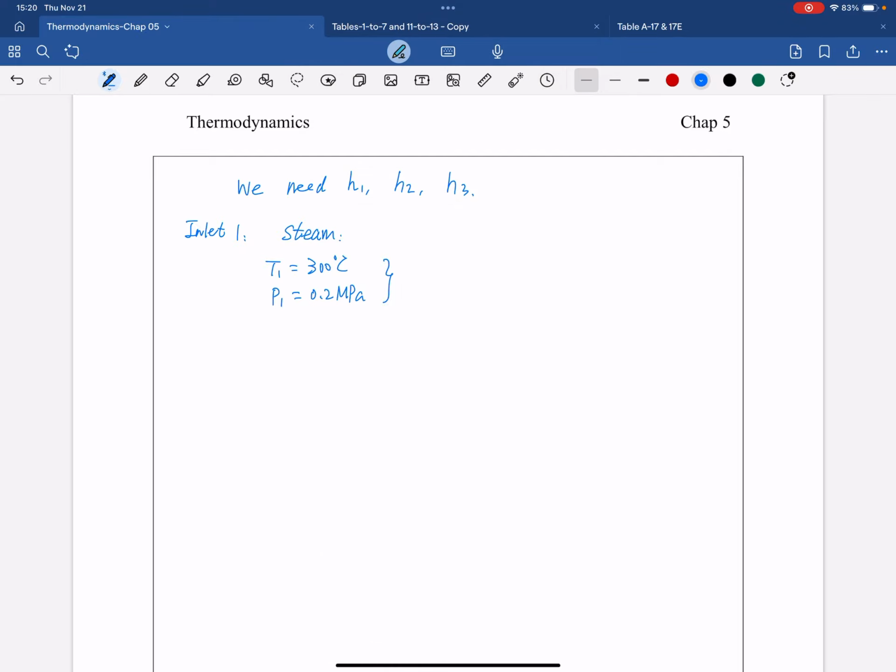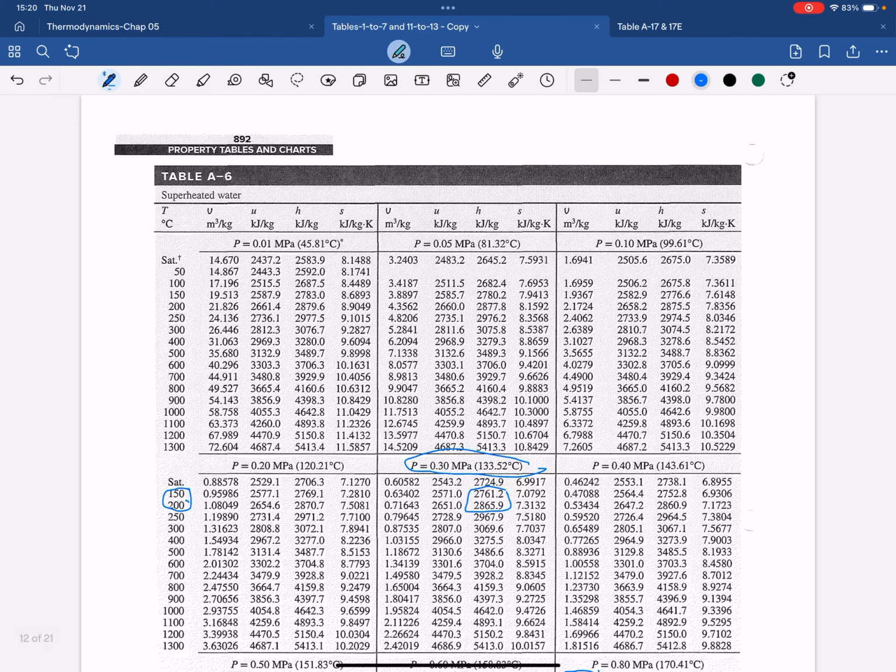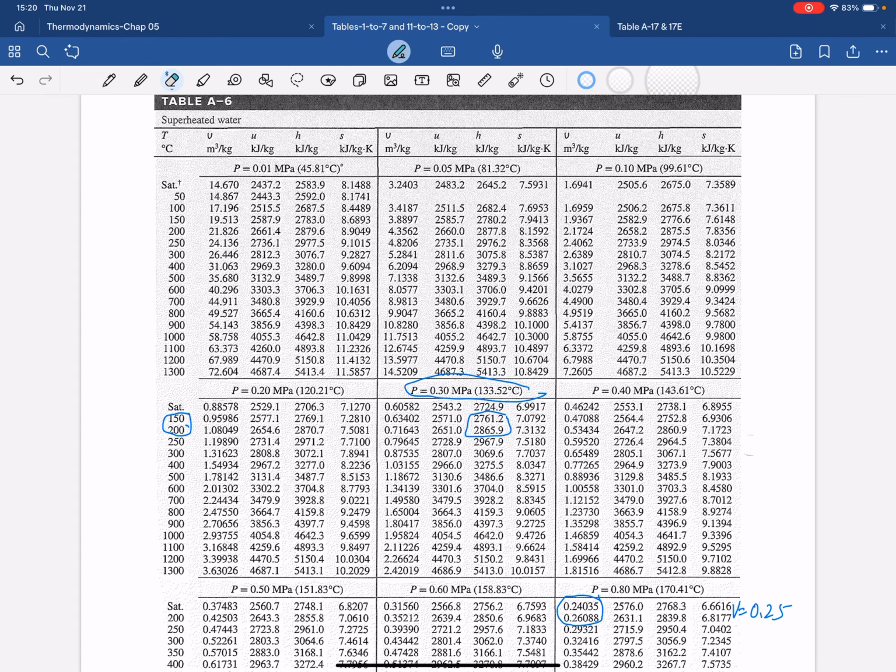So from table A5, we know T1 is much greater than T sat. So we know this is SHV, superheated vapor. And then let's go to table A6, 0.2 megapascal, 300 degrees Celsius.